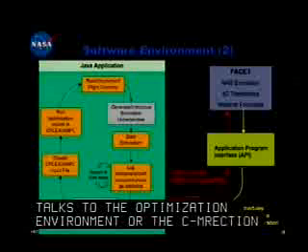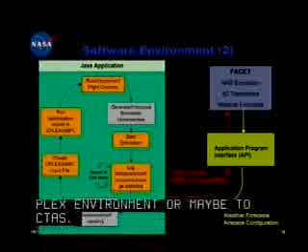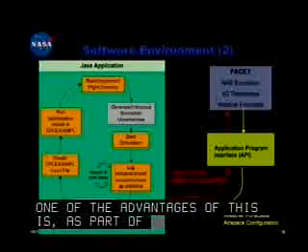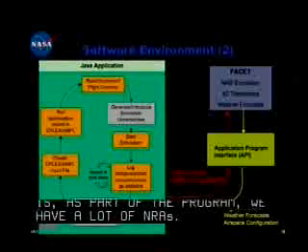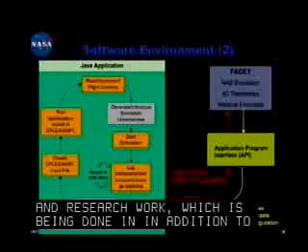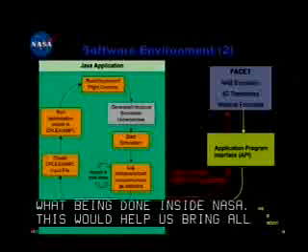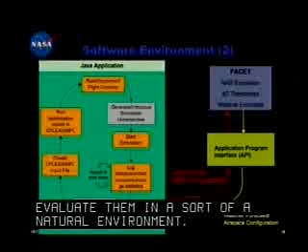And this has proved very, very effective. One of the advantages of this is, as part of the program, we have a lot of NRAs, and so there is a lot of development and research work being done in addition to what is being done inside NASA. This would help us bring all that research in and evaluate it in a sort of natural environment. Next view graph, please.